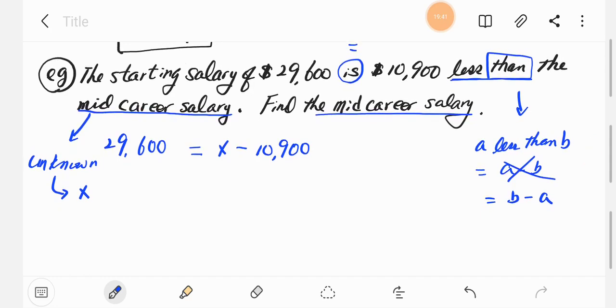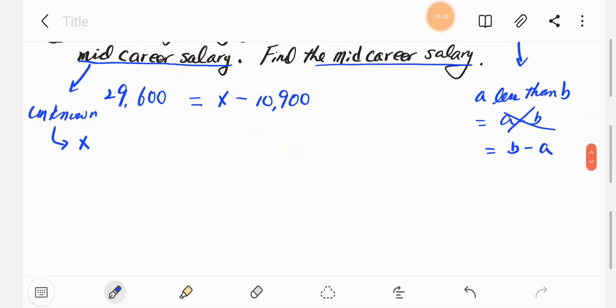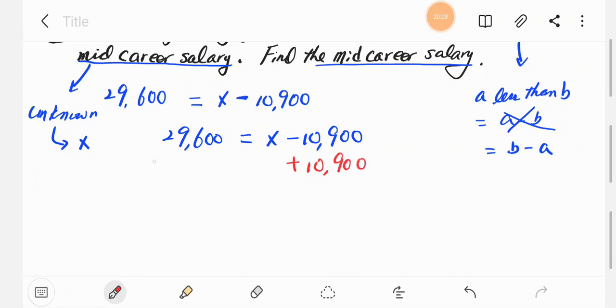So from this equation, let's find x, which is the mid-career salary. Then how do you find it? Okay, now x is together with minus, right? This is a subtraction. So if this is a subtraction, then we can add the same number, 10,900. So add this number to each side of the equation.